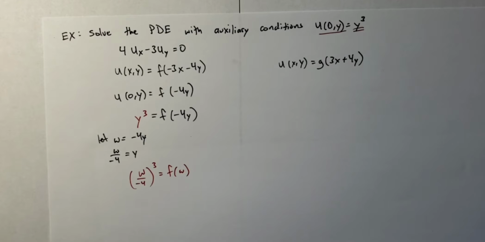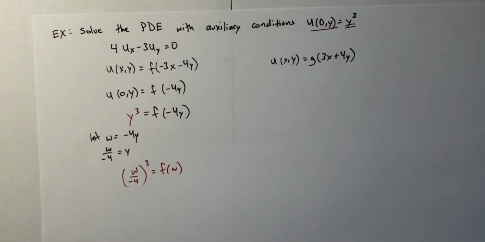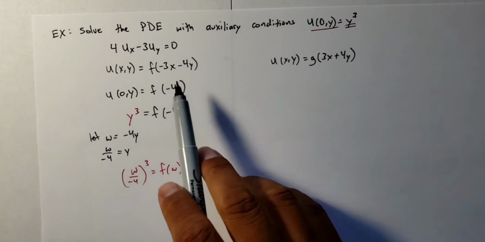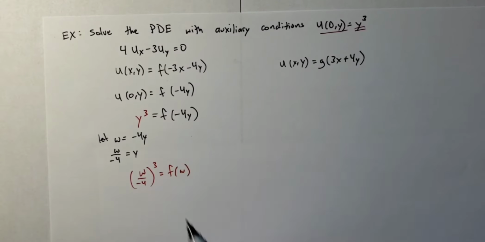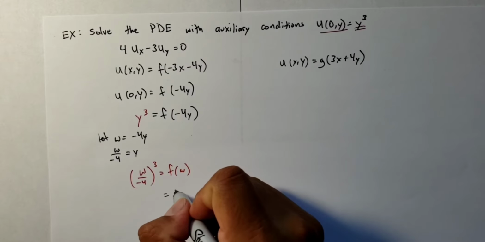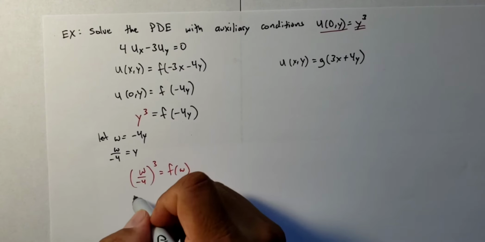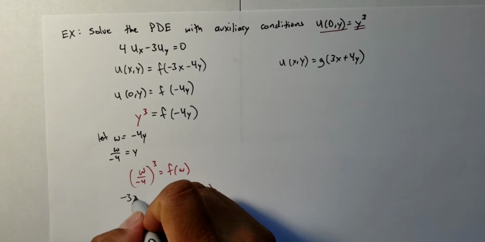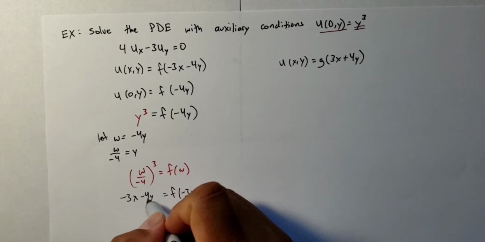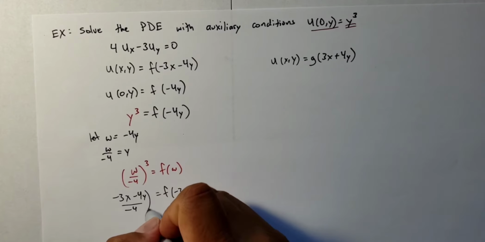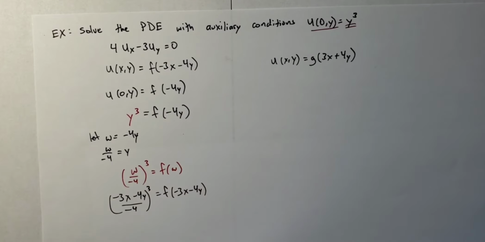Now we can go ahead and replace w with our negative 3x minus 4y. So that means f of negative 3x minus 4y equals negative 3x minus 4y over negative 4, to the power of 3.